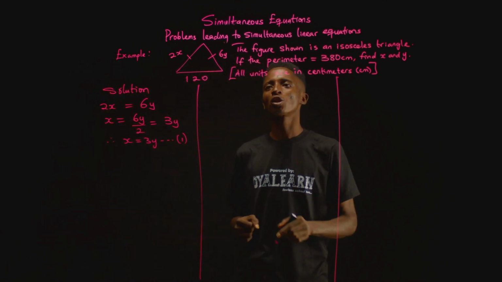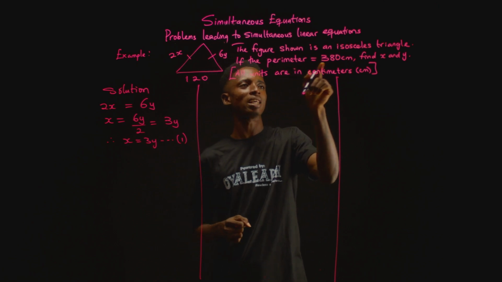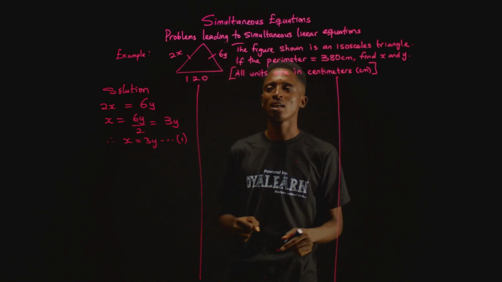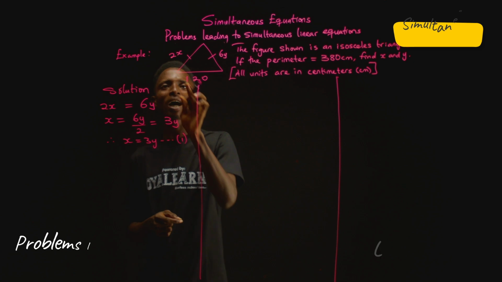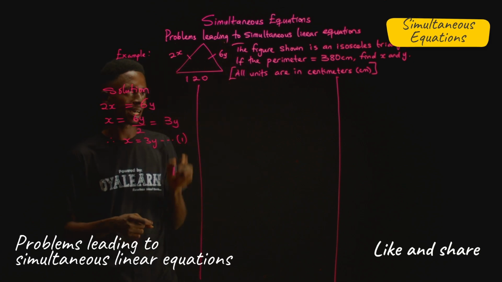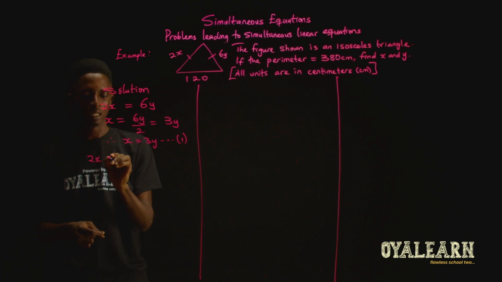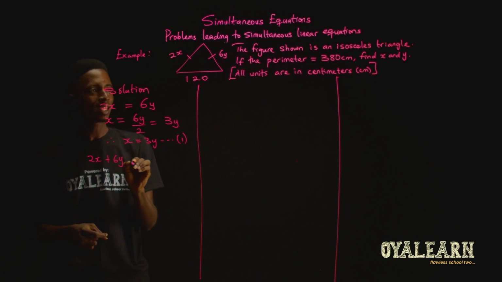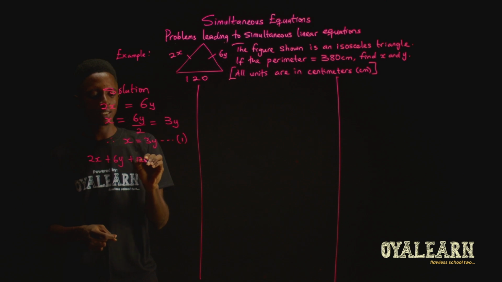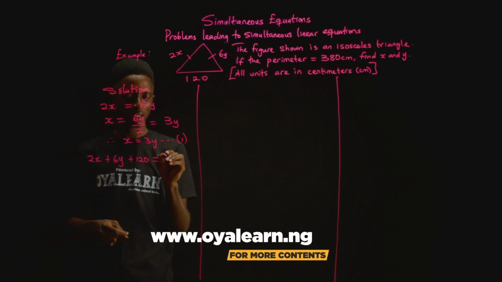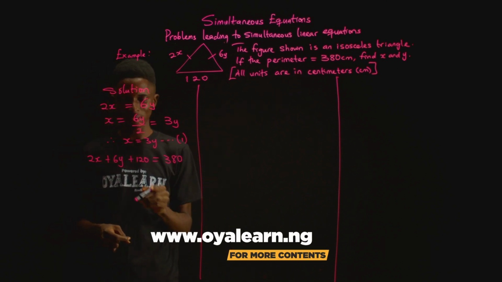The second information we are given is that the perimeter is 380 centimeters. And to get the perimeter, we have to add all the sides together. Therefore, 2x plus 6y plus 120 equals 380.